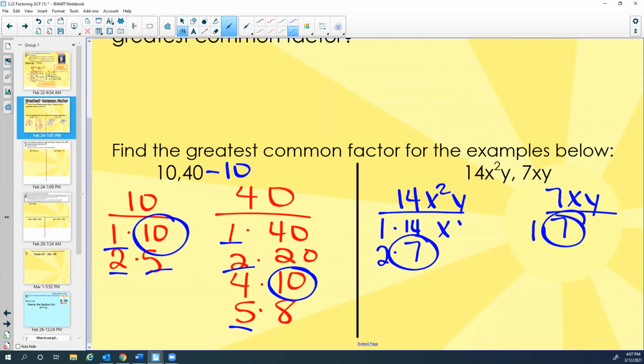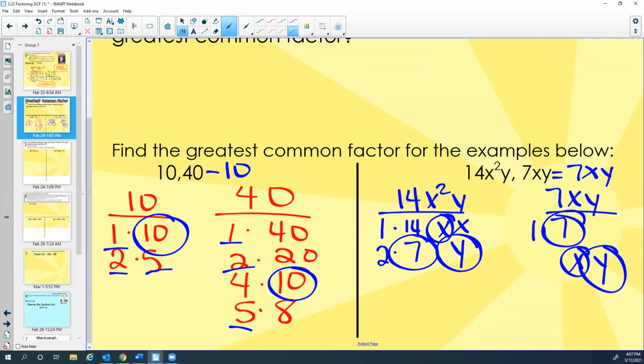This has 2 x's and a y. This one has an x and a y. So they have an x in common, they have a y in common, which means my greatest common factor for these two is going to be 7xy. So sometimes the greatest common factor is just a single number. Sometimes it is a number and variables.